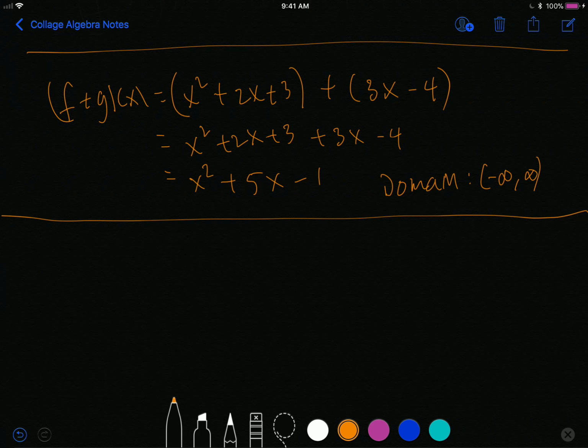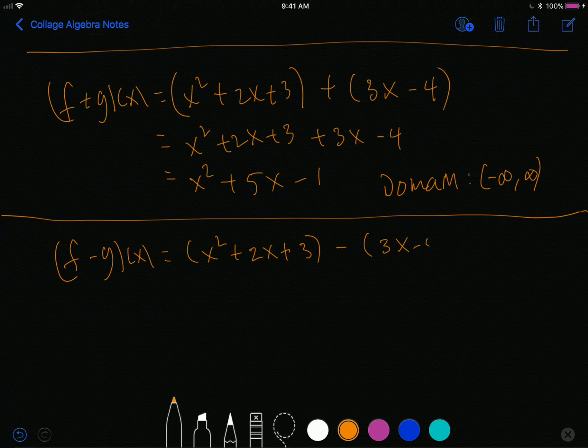F minus g is x squared plus 2x plus 3 minus g, 3x minus 4. In this case right here, to get through the parentheses on the second one, it's a little bit more difficult. You have to distribute that minus sign.